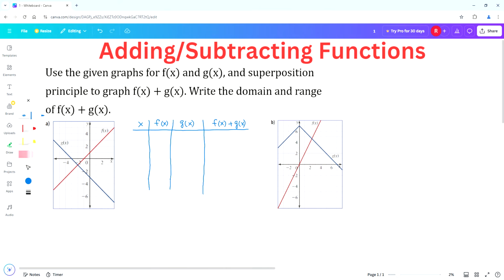Based on the given graph, we can use the x values -2, -1, 0, 1 and 2.